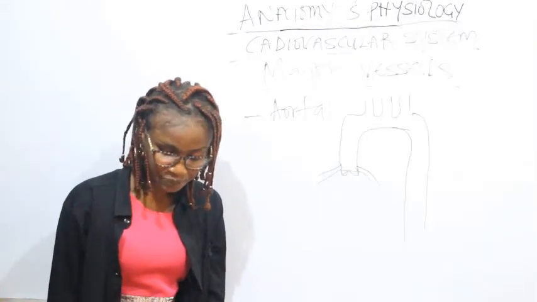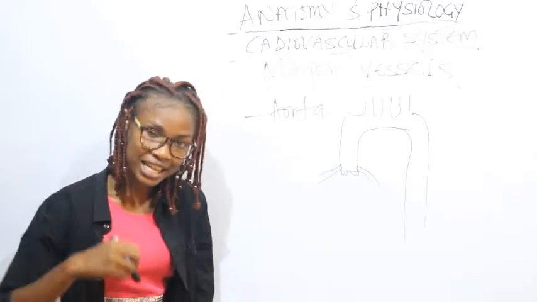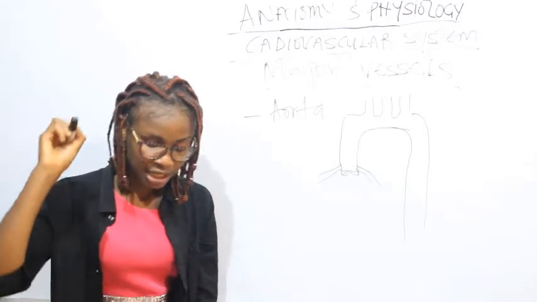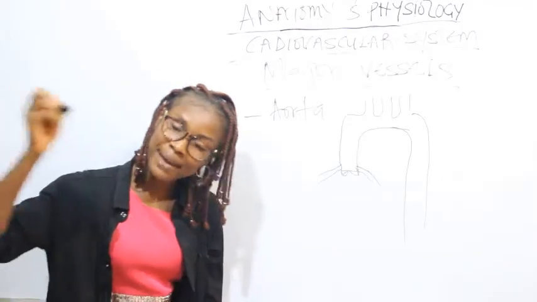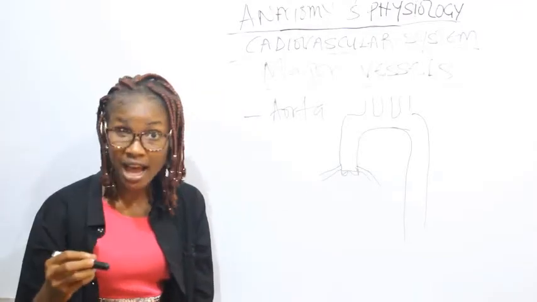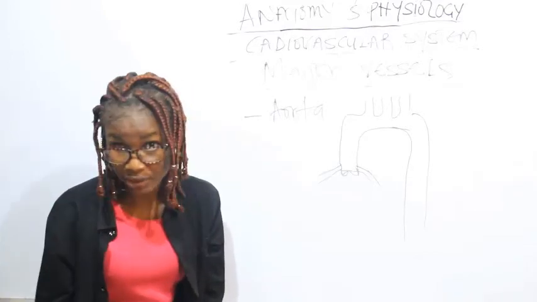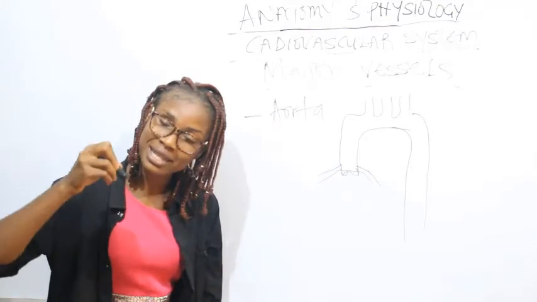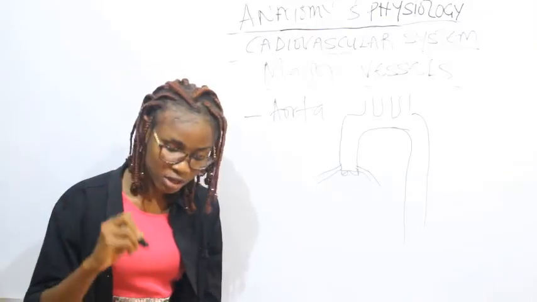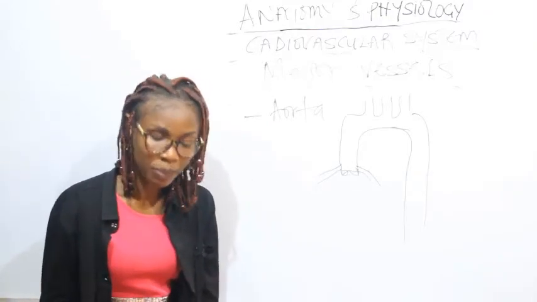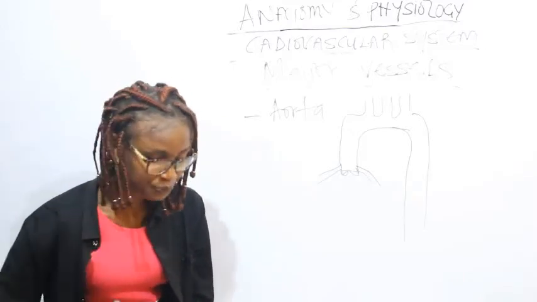That's to say that the gastric artery is supplying the stomach. The splenic artery is supplying the spleen. The hepatic artery is supplying the liver, actually part of the pancreas and part of stomach. The superior mesenteric artery is supplying the intestine, and the inferior mesenteric artery is supplying the large intestine and the rectum.